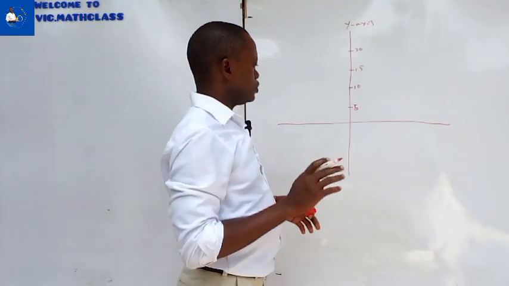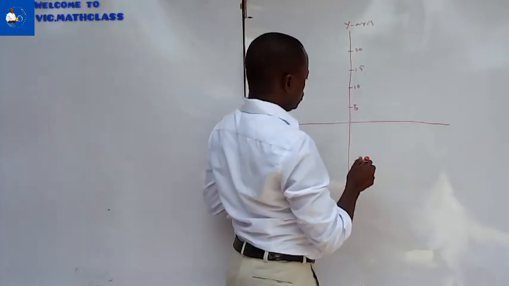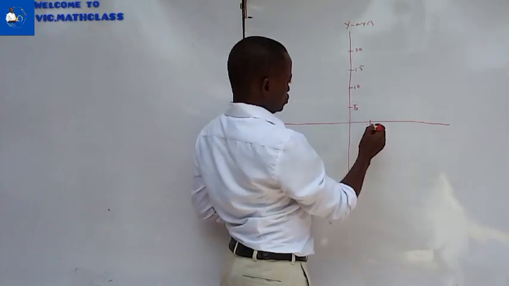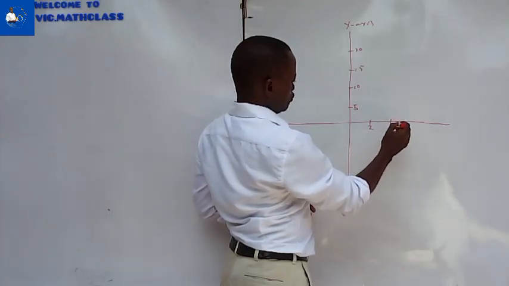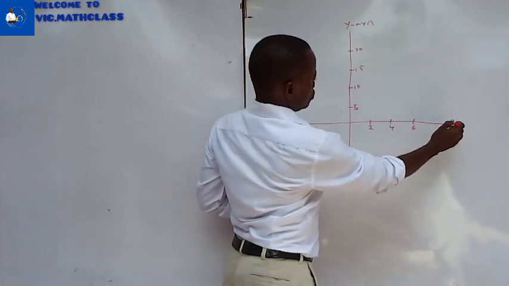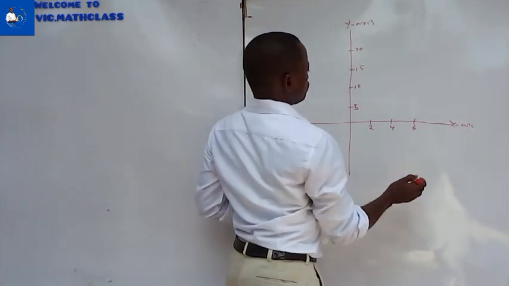It's very, very important. Please take everything we are going to be doing here into cognizance. So assuming I give this graduation something like 2 units, 2, let's say 4, 6, and so on. This is my x axis.